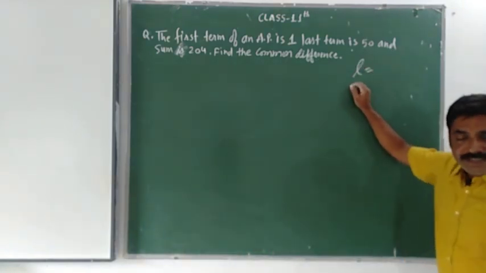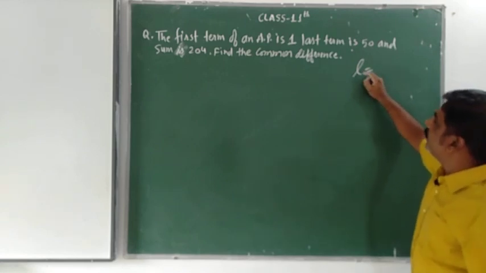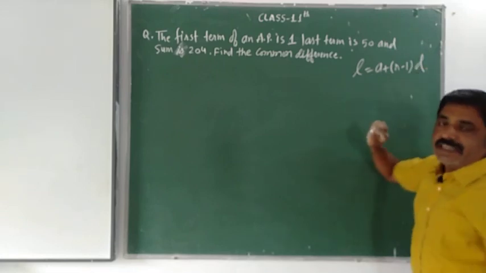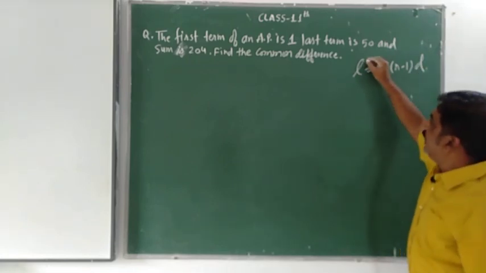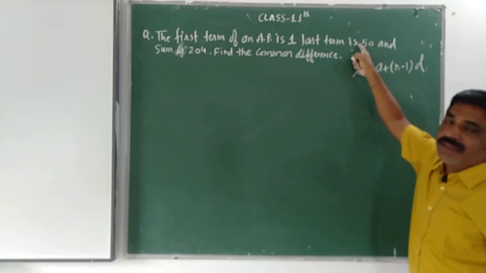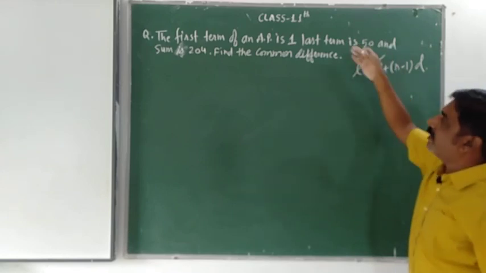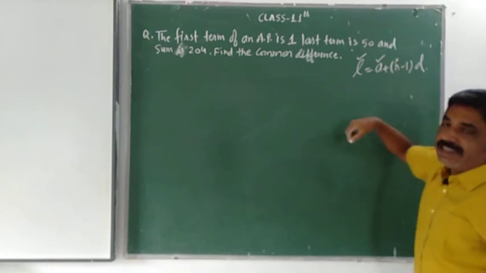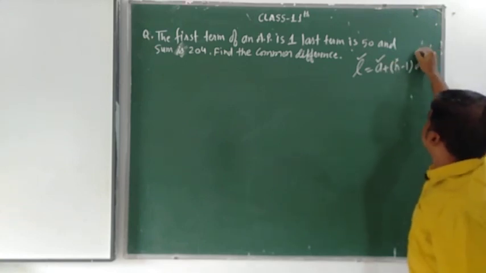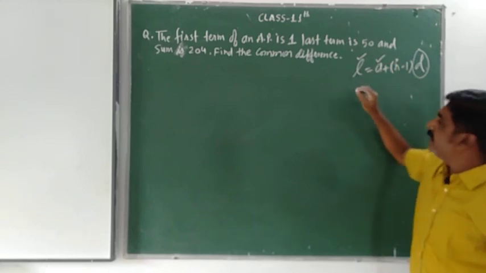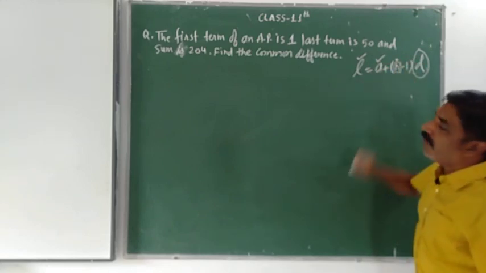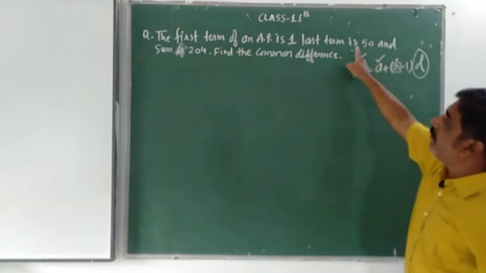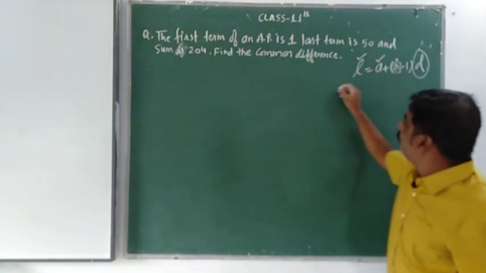Now see beta, what we have been given: l. The formula related to l is l is equal to a plus n minus 1 into d, where l is the last term which is given, a is the first term which is also given, but we do not have n, and what we have to find is d, the common difference. So first of all we have to find the value of n. For n we have been given the sum, 204.